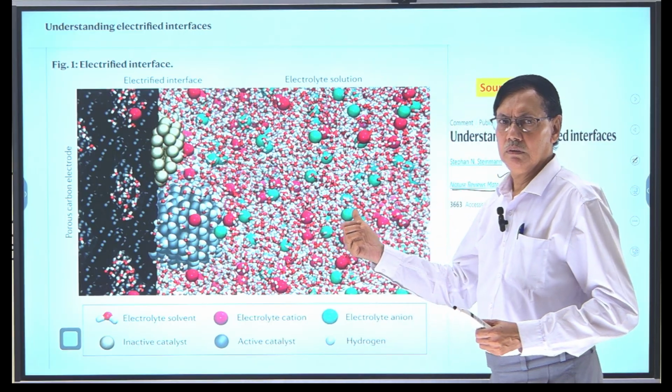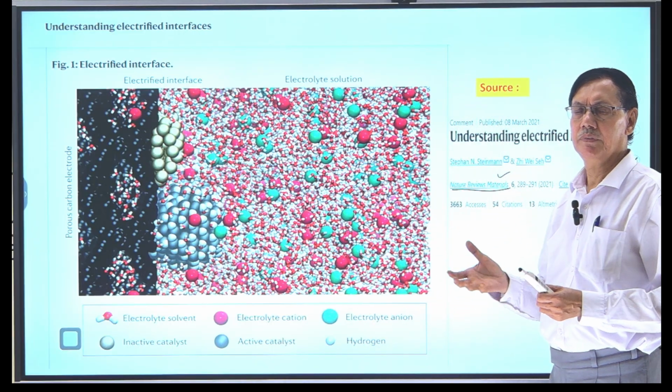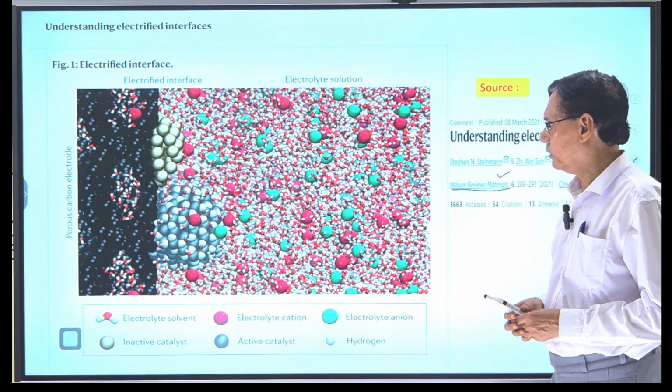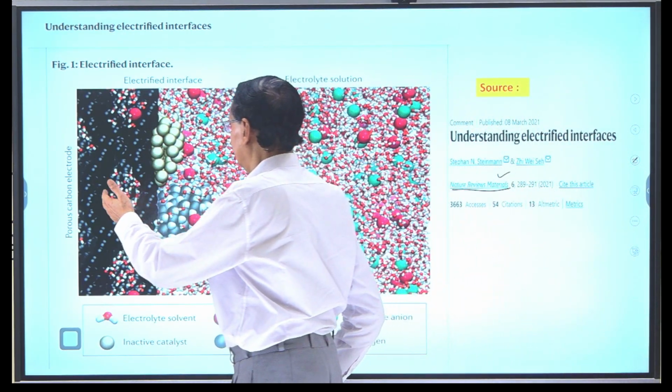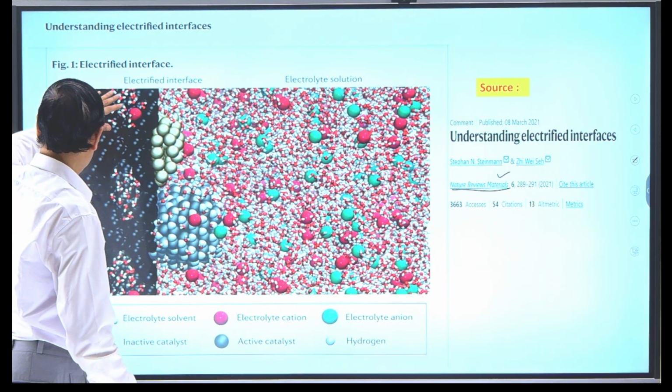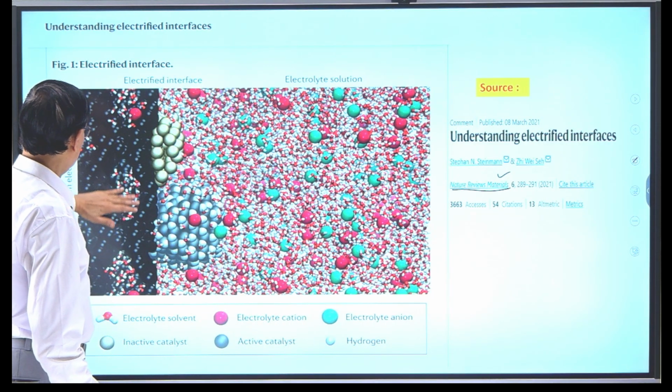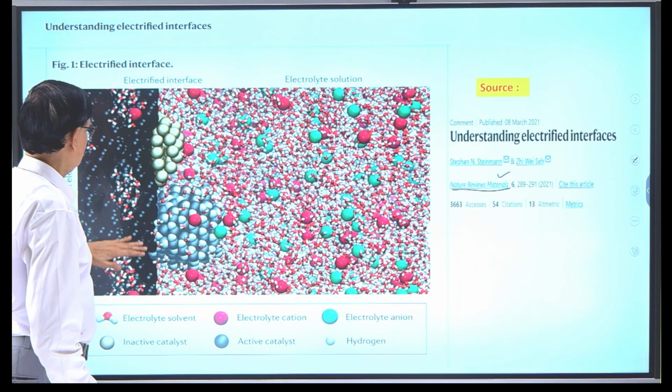Of course, they are also using some catalysis. So left hand side part, this is electrode, porous carbon electrode. This black color is porous carbon electrode.